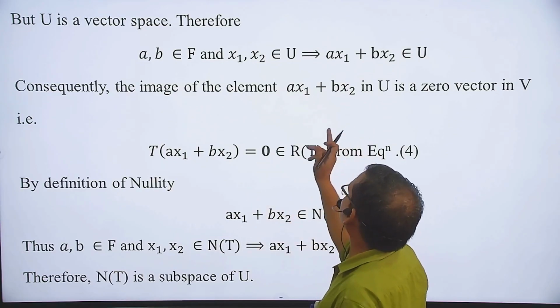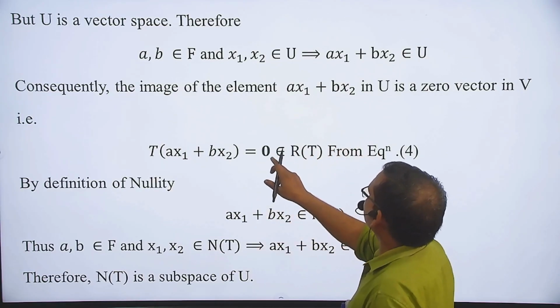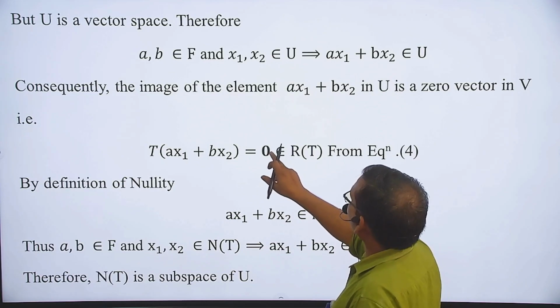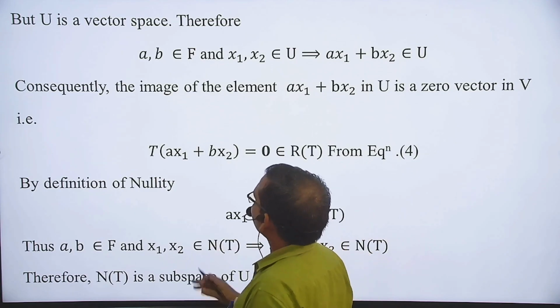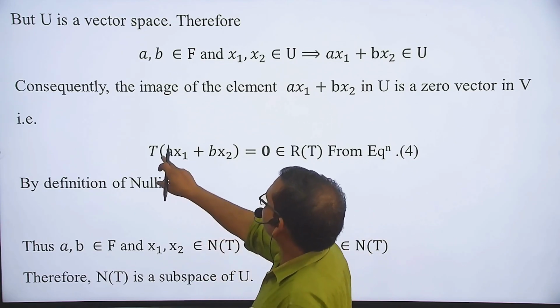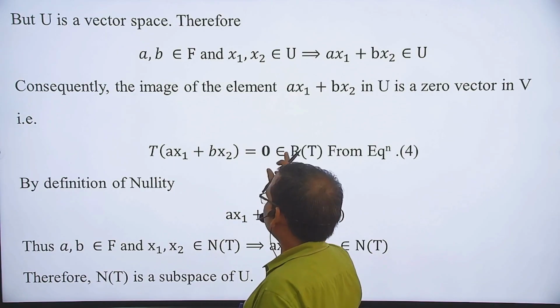And in the previous step we have already shown its image is equal to 0, and 0 is a vector of the range space of T. Thus we get T(a x1 plus b x2) equal to 0.